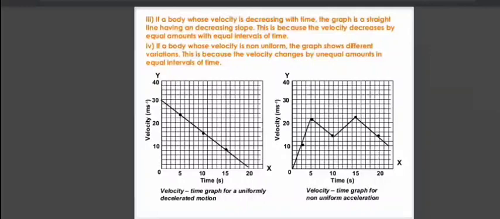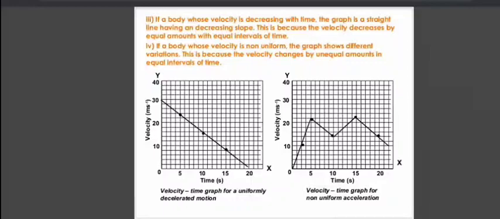Such a motion is called retarded motion, and the acceleration is called negative acceleration. It is also called retardation or deceleration. I repeat, it is negative acceleration, retardation or deceleration.